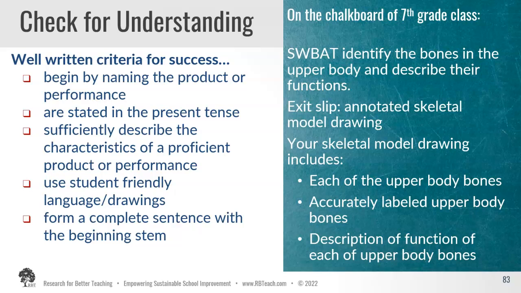At this point in time, an exit slip may not be the best place for this criteria for success. So I would say that the way the criteria is written is good, but at what time it's done, the exit slip, it's too long of an activity for this to be an exit slip ticket.